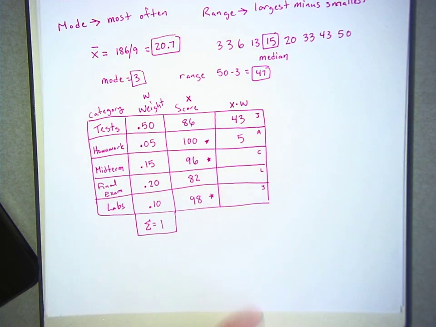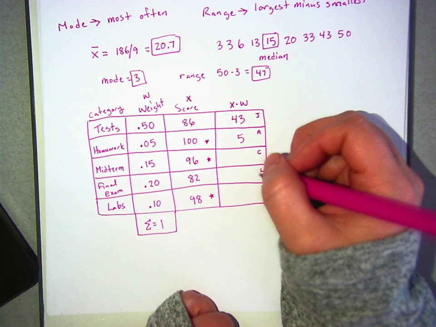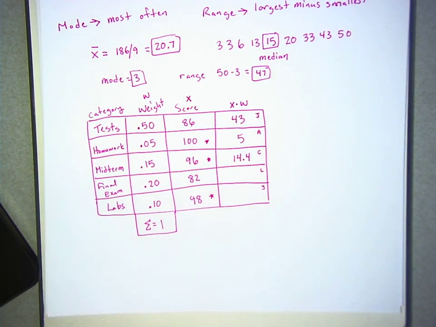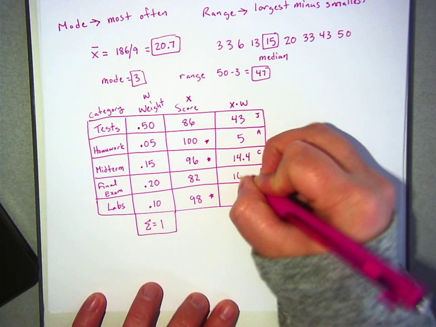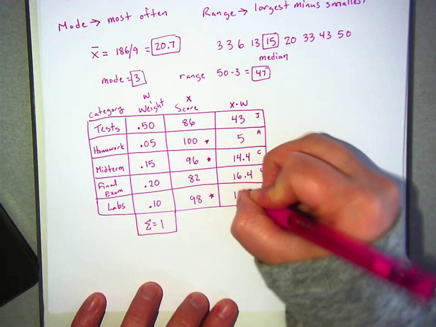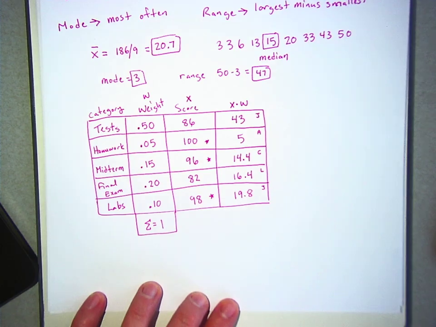Did you use a calculator on that one? Charlie? 14.4. Lincoln? 16.4. Jocelyn? 9.8.